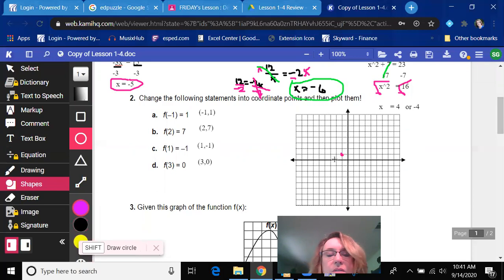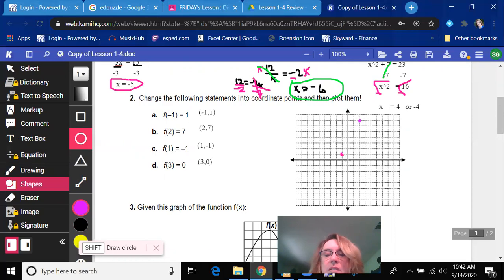Let me see if I can do it with this point. 2, so I'm going to go over 2. 1, 2, 3, 4, 5, 6, 7. There's the point 2, 7.